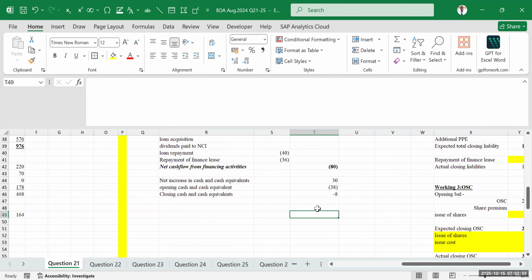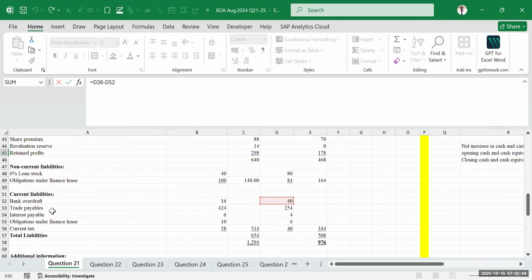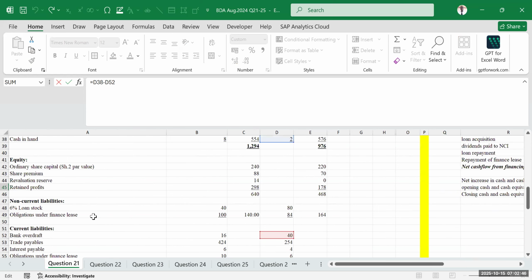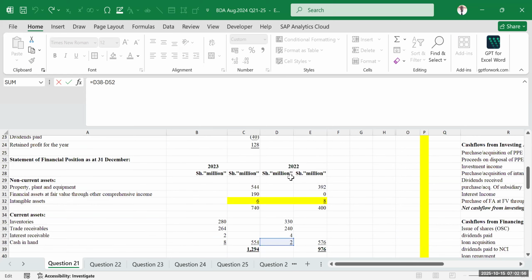Excuse me, kindly repeat how you've done the opening and closing cash and cash equivalents, please. So, for opening cash and cash equivalent, I've just gone to the statement of financial position and picked the cash. You see cash in hand. If we had cash in hand, cash at bank, short-term securities under current assets, you pick the openings. Openings is under 2022.